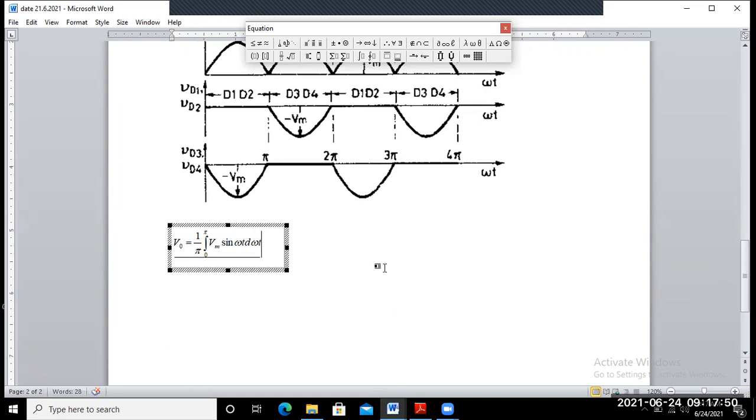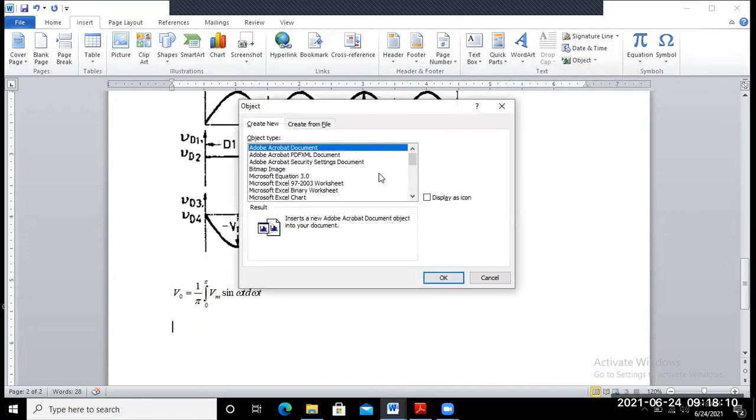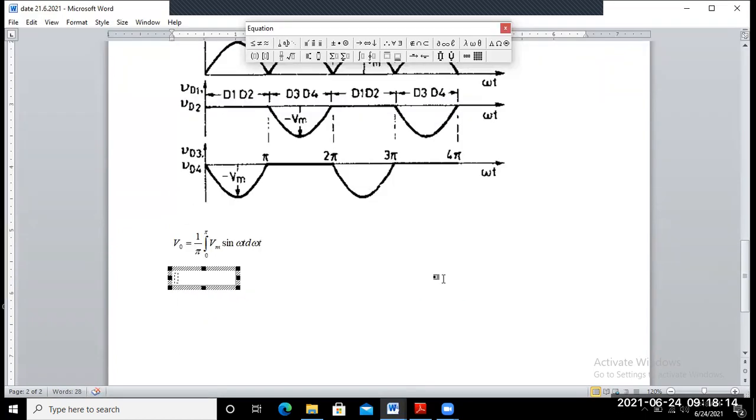So just integrate this value and put the upper limit and lower limit and just calculate the average output voltage waveform. So what is the integration of sin omega t?